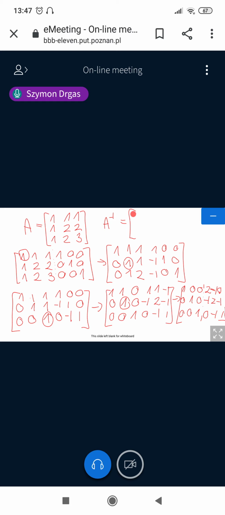So the first row is 2, minus 1, 0, minus 1, 2, minus 1, and 0, minus 1, and 1. Okay, so we can check now, if we multiply A by A inverse, if we actually obtain this identity matrix.